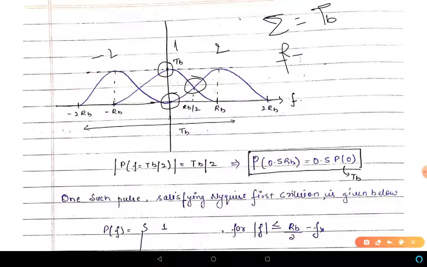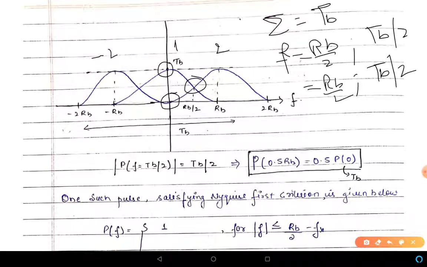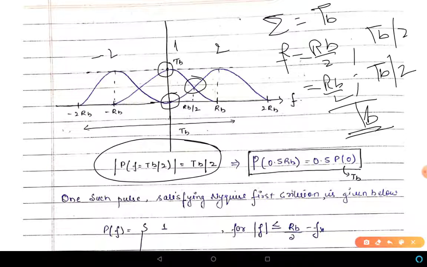At f equal to Rb/2, my second pulse also has the magnitude Tb/2. So the total magnitude at this point is also Tb, which means this condition is important to satisfy the Nyquist criterion in the frequency domain.